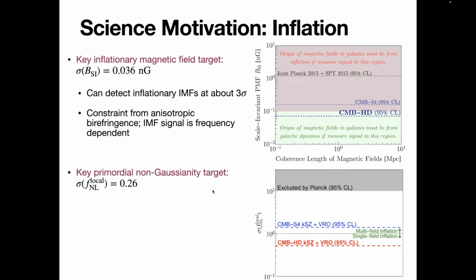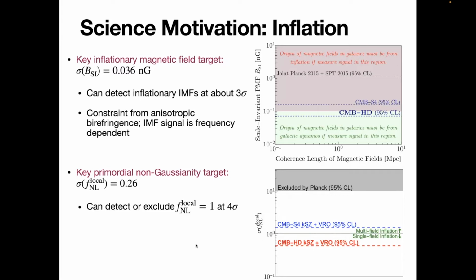Another target, also probing inflation, is local non-Gaussianity. So with the combination of the high resolution kinetic SZ effect from CMB-HD plus the galaxy survey from the Vera Rubin Observatory, CMB-HD can probe local fNL of about 0.26. So you see the Planck level here.